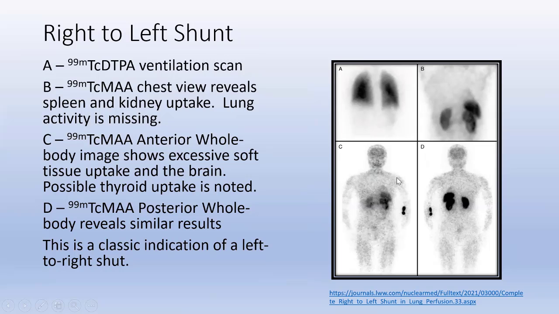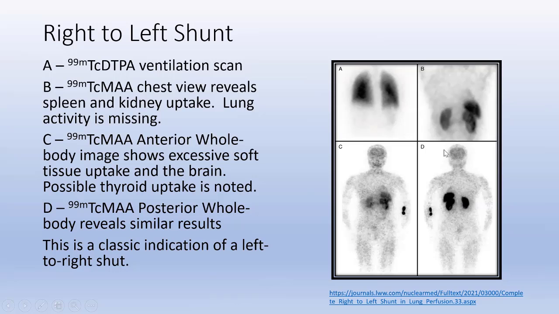When you have a right to left shunt, the activity goes into the right ventricle, shoots across over to the left ventricle because there's a hole in the heart, and then it shoots up the pulmonary and goes out to the entire body, getting trapped in other areas of the body that have capillaries and arterioles. So you end up seeing kidneys. You can see liver and spleen, maybe. In this case, we see spleen.